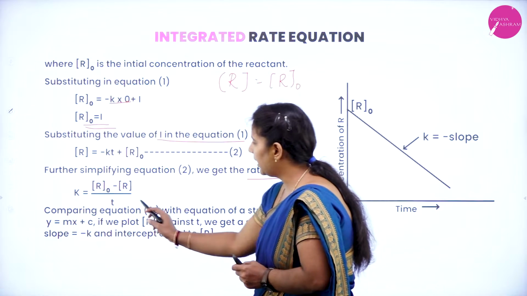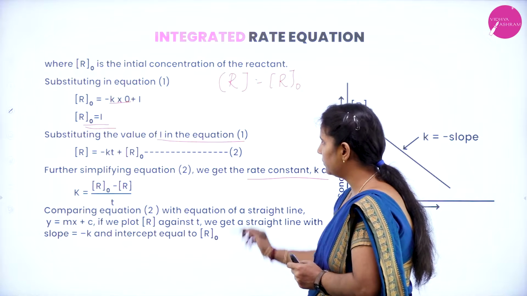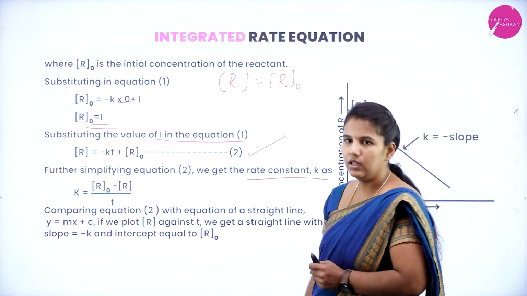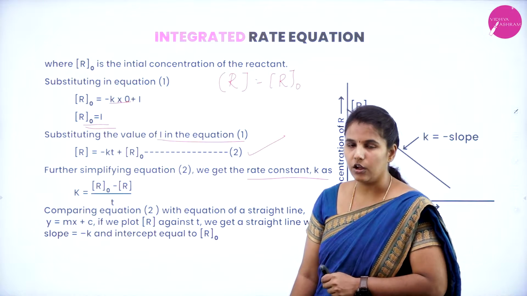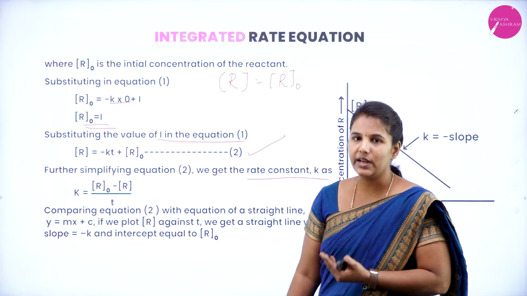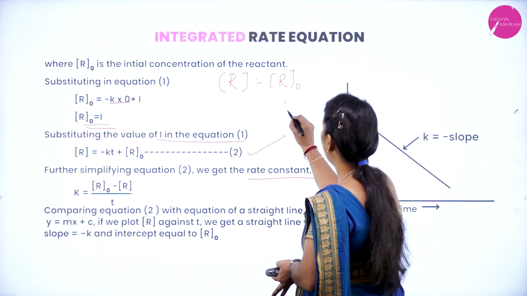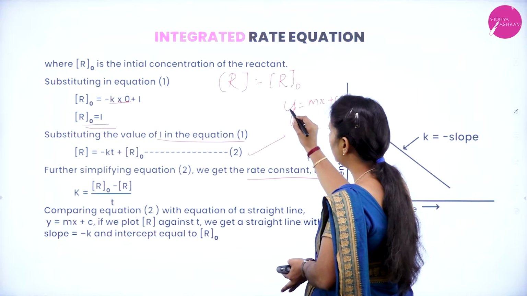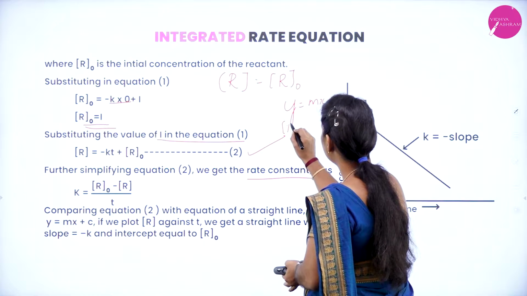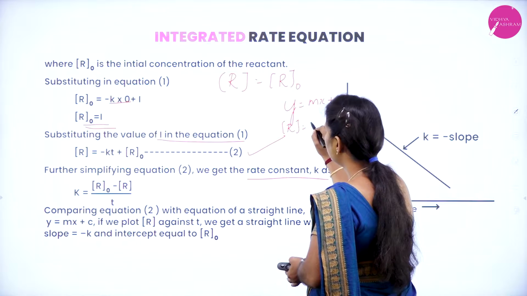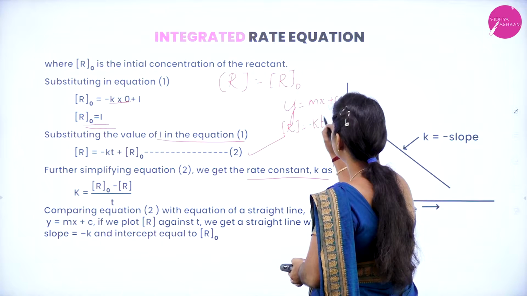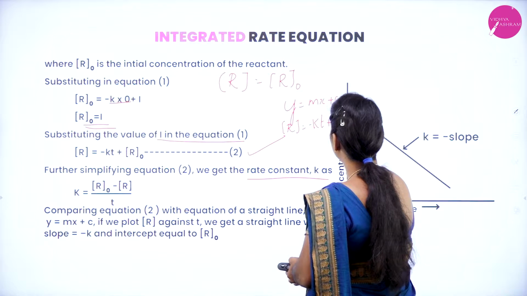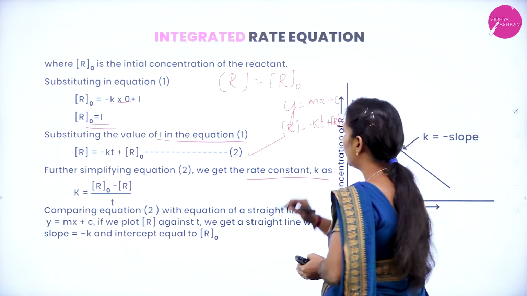If you compare this equation, especially this one, plus the concentration of R naught, it looks like a straight line equation, Y equals mx plus C. Here Y is the concentration of R, m is K, x is t, and C is the concentration of R naught.